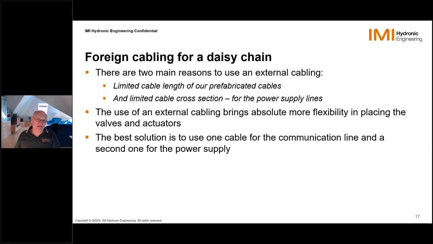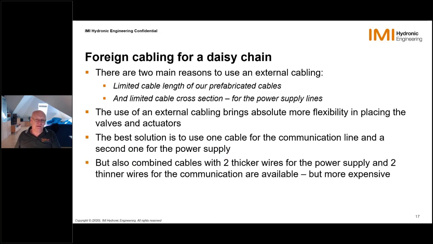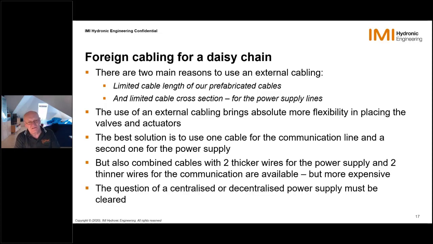In that case, you can make the correct dimensioning for the communication line as well as for the power supply. Sometimes cables are used with two thicker wires for the power supply and two thinner wires for the communication, but this is a relatively expensive solution, but it's there.